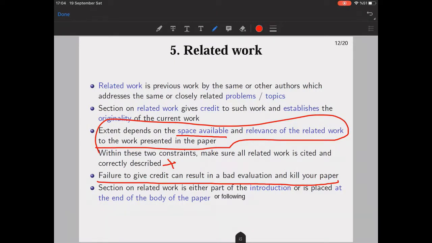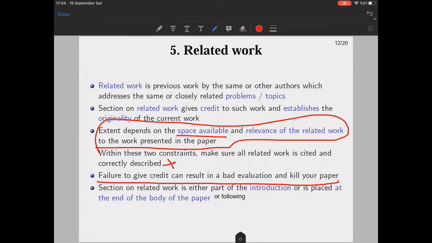Because the people who will judge your paper or comment on it will be experts in the domain and will most probably be aware of the other researchers' studies in the domain, and they will be expecting to see those papers in related work as well. I mean, if they're missing, it means that your paper can easily be rejected.